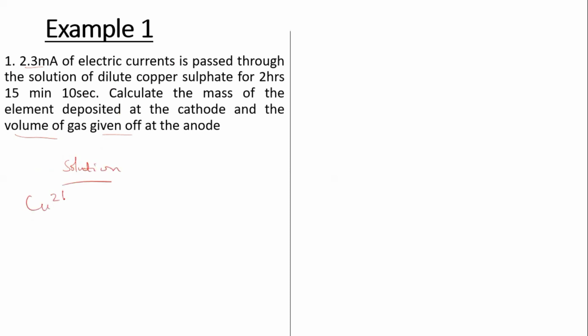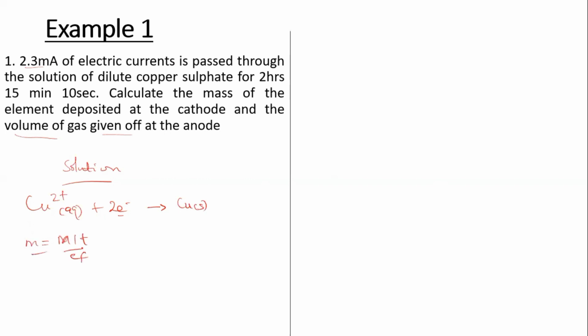So the copper ion in the solution will take 2 electrons to give us copper solid. So here is the electron. Therefore, we write our formula M equals MIT over EF.